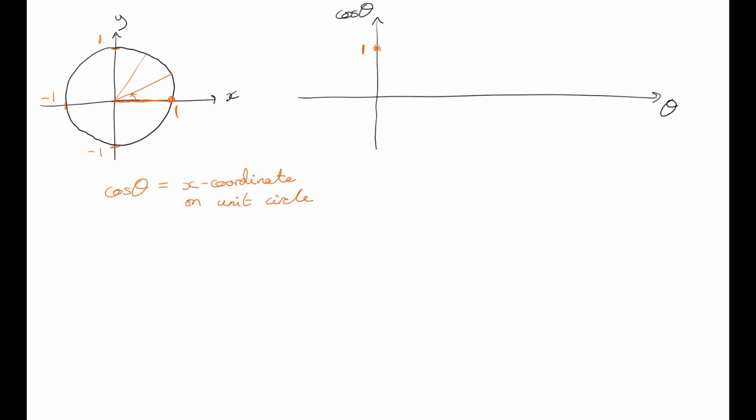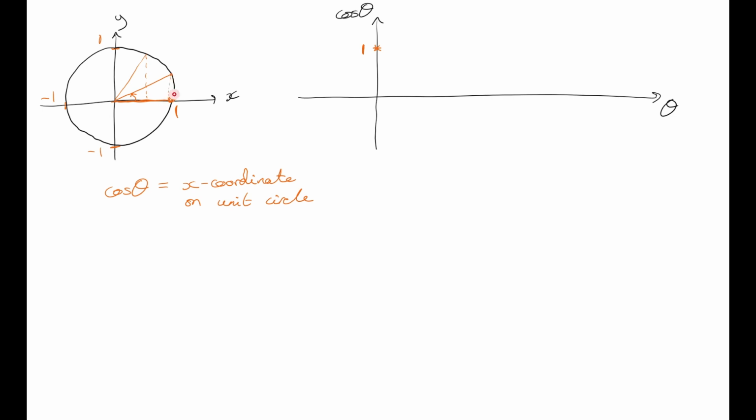I want to think about what's happening to cos theta, or we can just think of that as the x coordinate. So when I first increase theta a little bit, my circle's not drawn perfectly, but my x coordinate has decreased slightly. As I continue to move around the edge of the circle, as theta increases, my x coordinate continues to decrease, and you can see that at the start here, I'm mainly moving upwards along the circle.